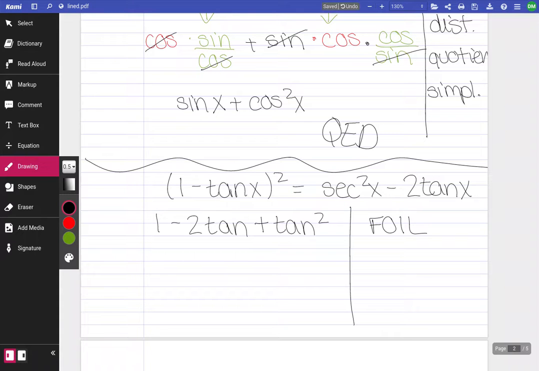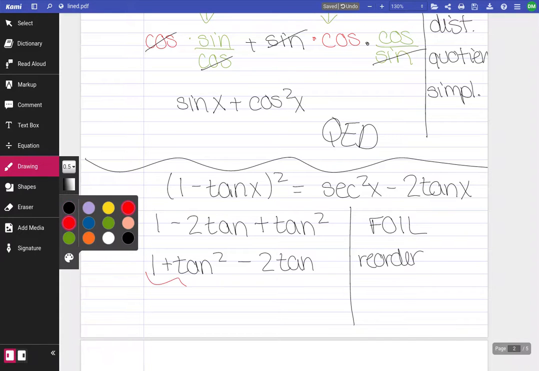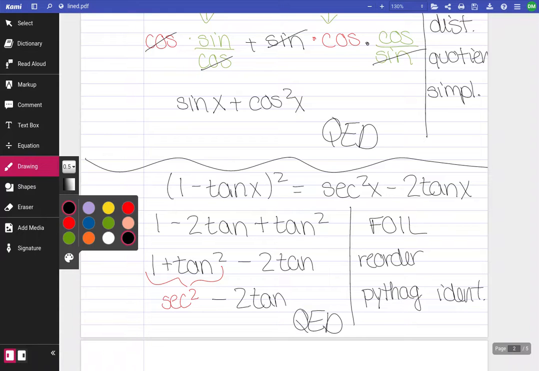Once you've got that, my recommendation to kids is to rewrite it, because if you notice the 2 tangent of x, I need that in my final answer. So I'm just going to move this over here, and that is just reordering. And then if you look at your Pythagorean identities, this one's back. This is actually secant squared minus 2 tangent. And that is the end of that proof. And that was a Pythagorean identity.